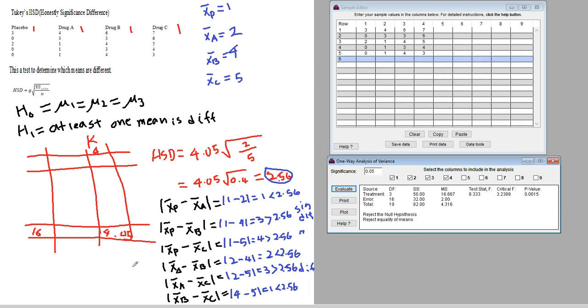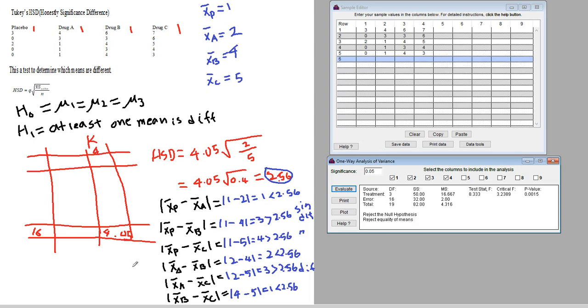So what we're saying here is that Tukey's HSD requires that you go head to head from one sample to the other sample and see if there's any significant difference.